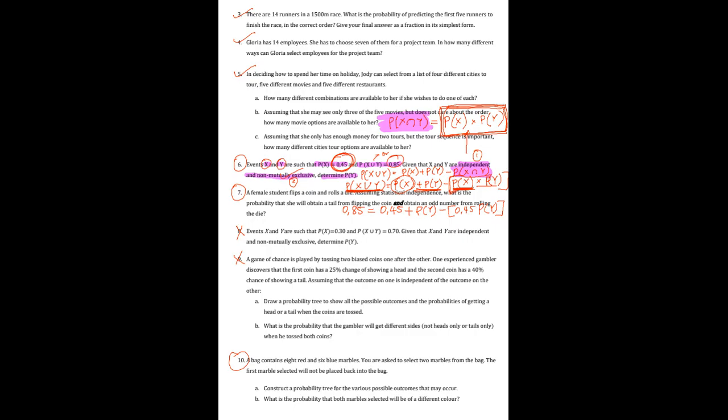So here, saying 0.45 PY actually means it's 0.45 times the probability of Y, but we don't need to show the multiplication sign.